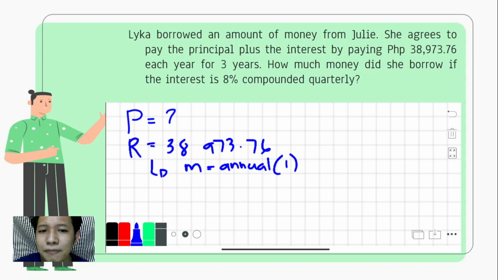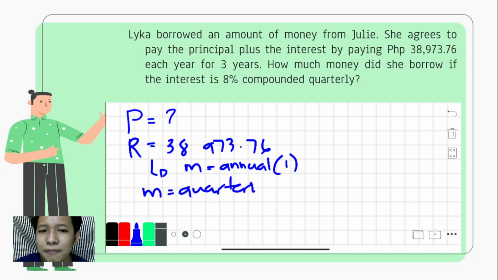In light with the idea of nagbabayad siya ng 38,973.76. Okay, and then we have down here how much money did she borrow if the interest is 8% compounded quarterly. So yung compounded quarterly, that's another value of M. So we have here quarterly.